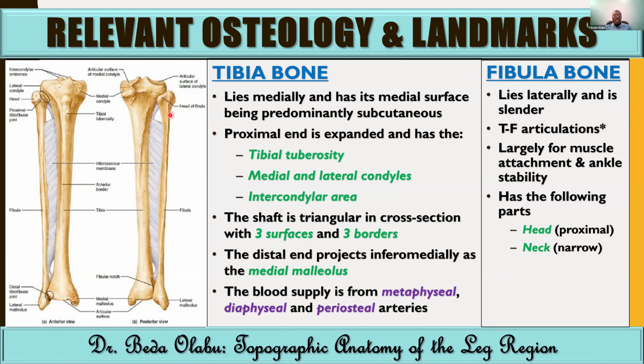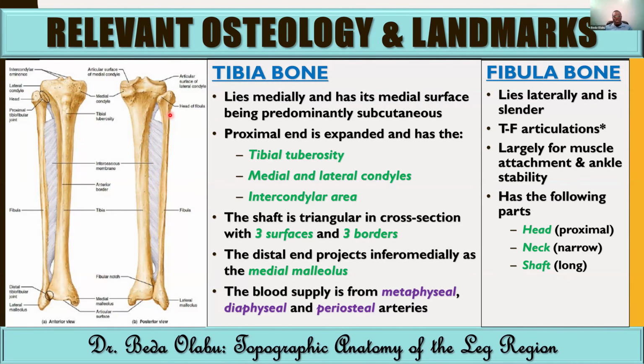And that becomes a very important surface landmark for the common peroneal nerve, the fibular head and neck. It's also the site where the nerve is most prone to injury, because that nerve is now subcutaneous at that point and is against an osseous structure. So it's prone to compression at that point.